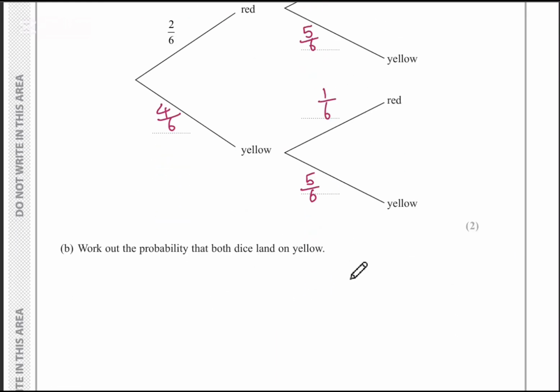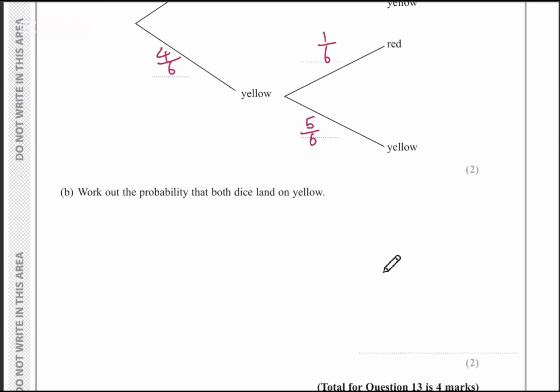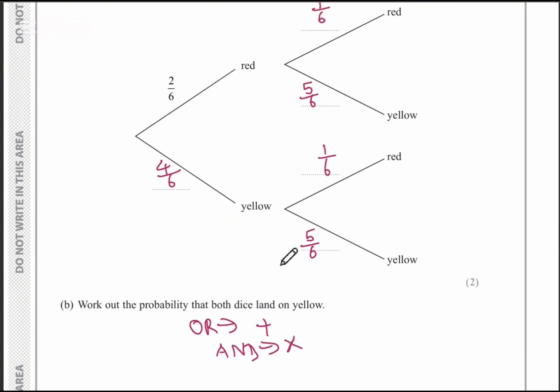Work out the probability that both dice land on yellow. Right? One thing that you have to remember in probability is that the word or means plus, and 'and' means multiply. Now how do I apply this principle into this question? Here they are asking that both dice land on yellow.